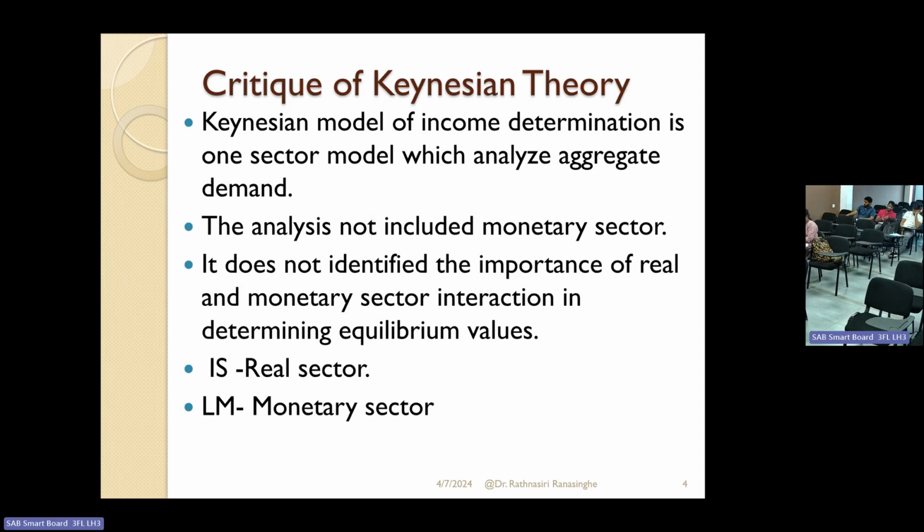Money supply is autonomous, determined by the central bank as a policy variable. So the real sector and monetary sector are represented by IS, investment and savings, and by money demand.